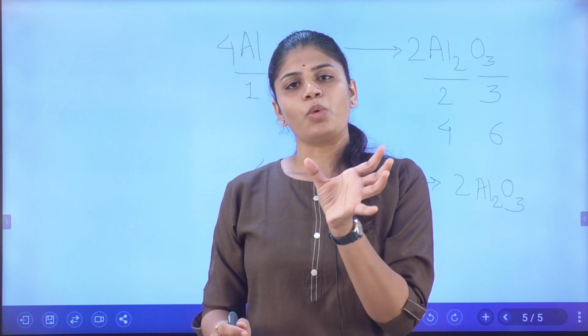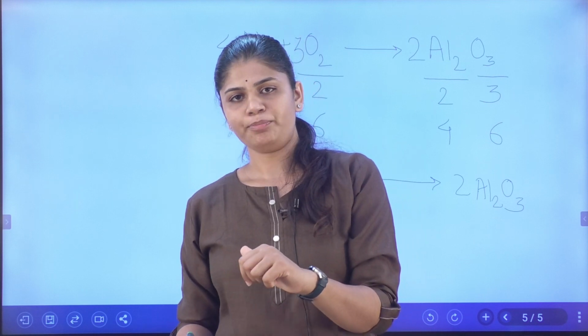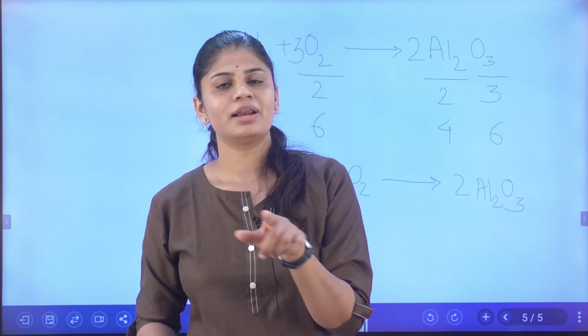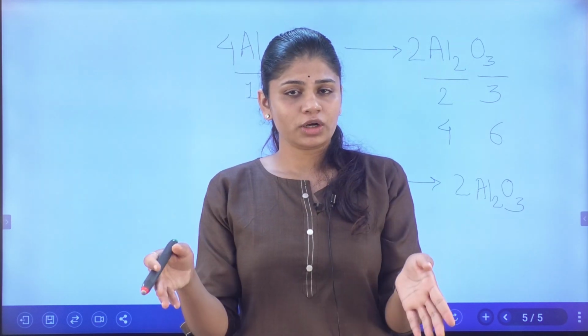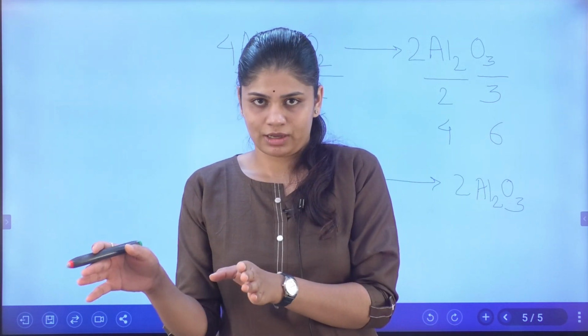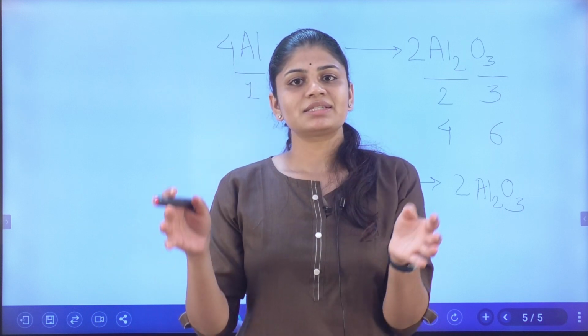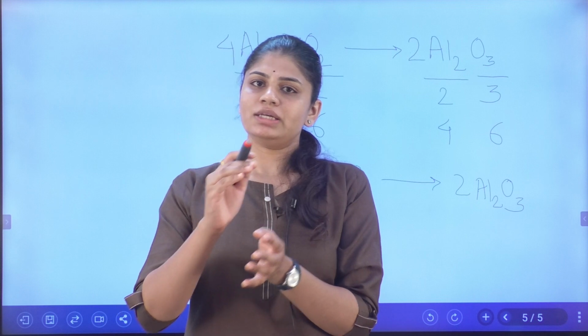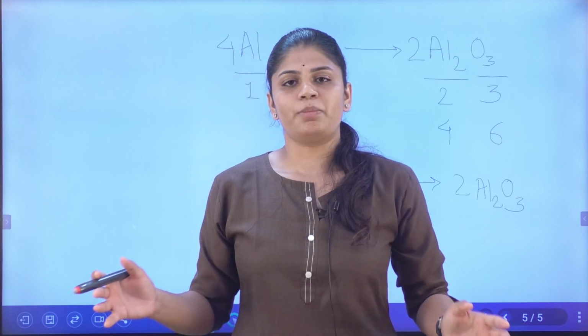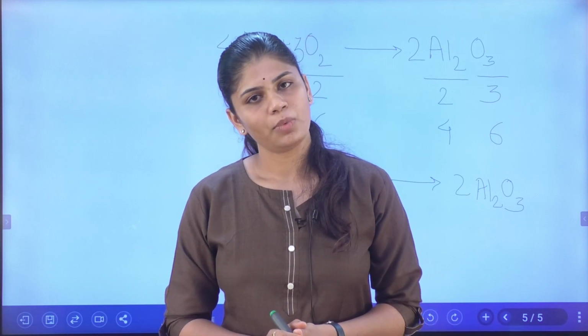Now, what are molecules? Molecules are like a wall. What is a wall made up of? A wall is made up of bricks. So a molecule is made up of atoms. Atoms combine together to form a molecule.